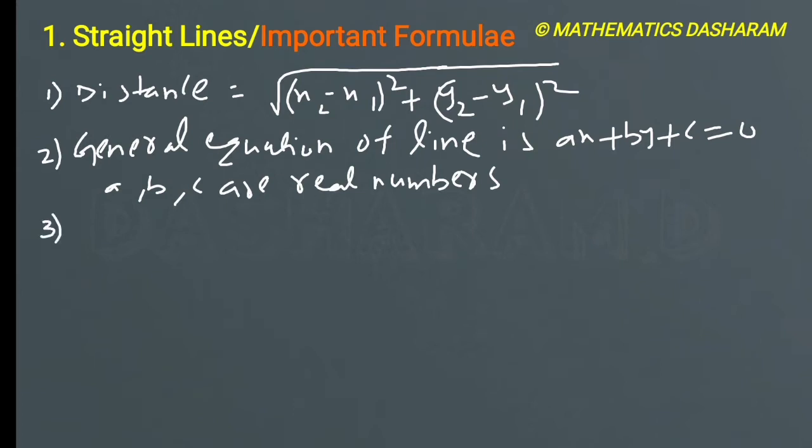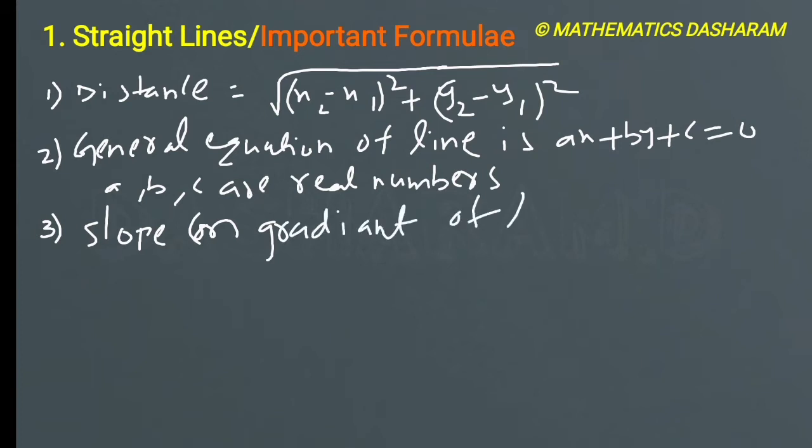Next, the third one is slope or gradient. Another name for slope is gradient of a line. For the line ax plus by plus c equals 0, the slope is minus a by b.